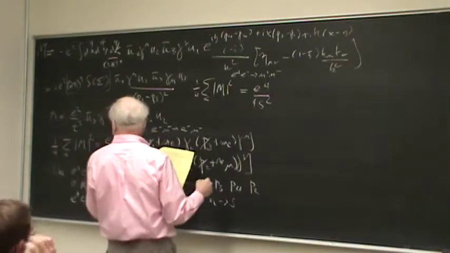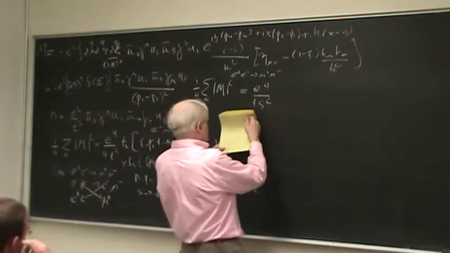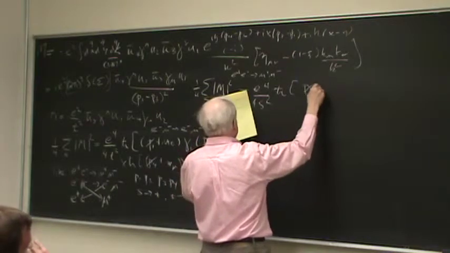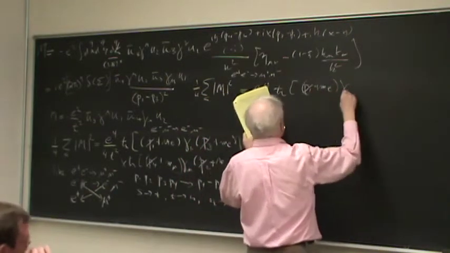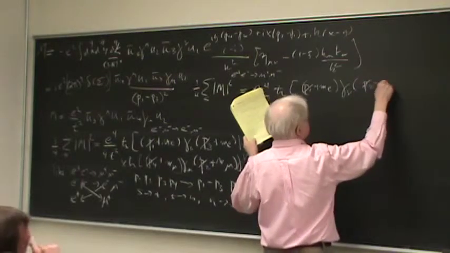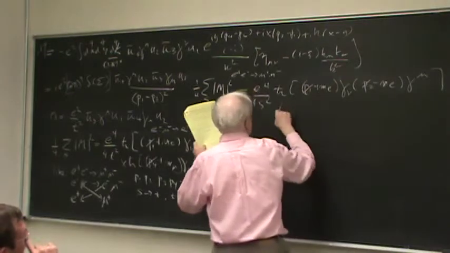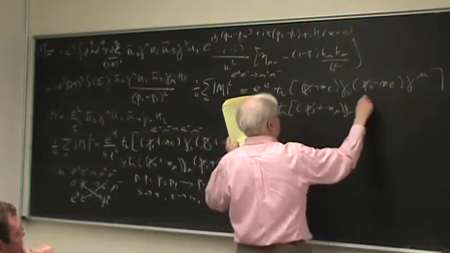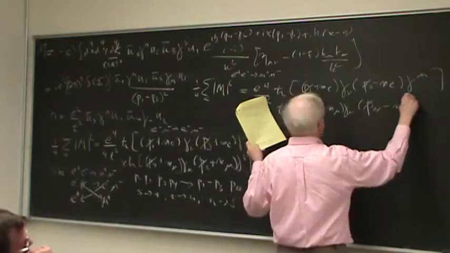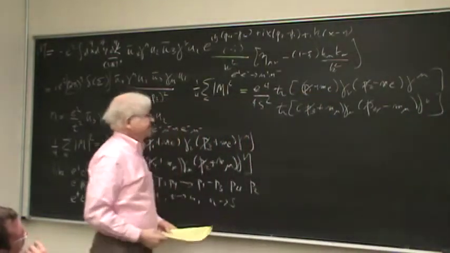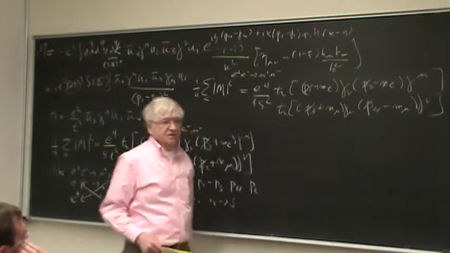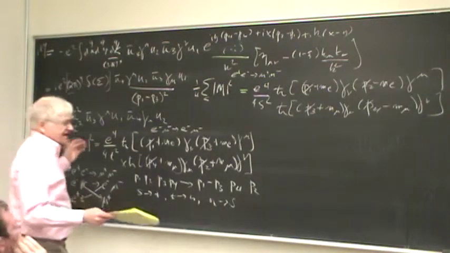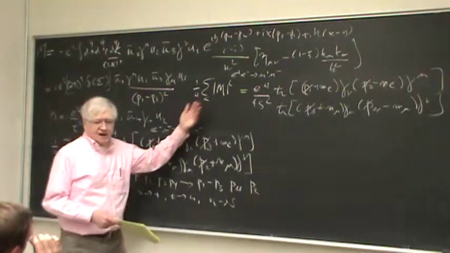The other expression was e^4 over 4s squared, trace of (p1 slash plus m_e) γ^ν (p2 slash minus m_e) γ^μ times the trace of (p3 slash plus μ) γ_μ (p4 slash minus μ) γ_ν. So you see, because there are antiparticles in this expression, two of the masses come in with negative signs. And so if we had gone through a detailed analysis of crossing symmetry, we could have computed one of these and written down the other.